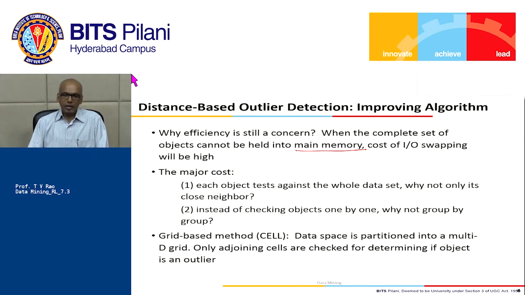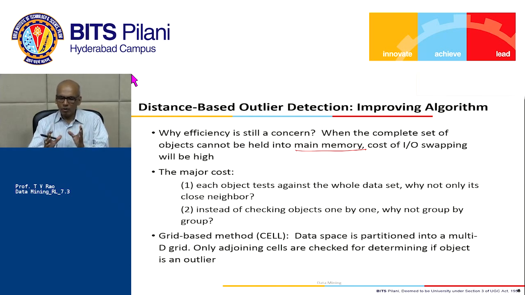As we know, if we have large data spread over a large region, the neighbors will not come from the entire data, but only from the data which is somewhere close to the object.